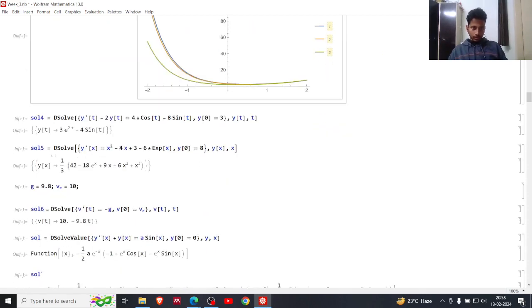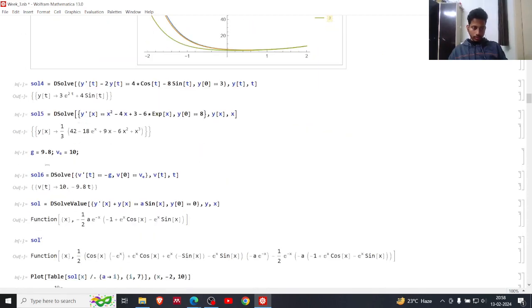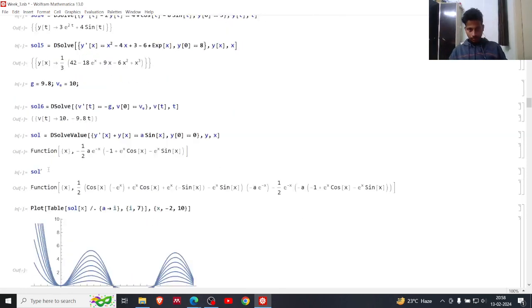Now this is another example of DSolve. Then we solved the equation for a particle that is thrown upwards perpendicularly from the ground, or from a certain height from the ground.